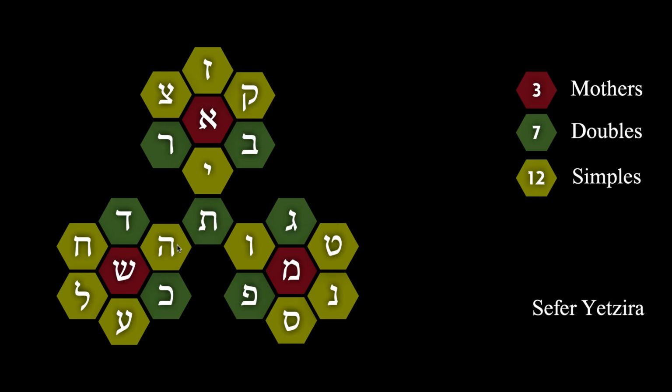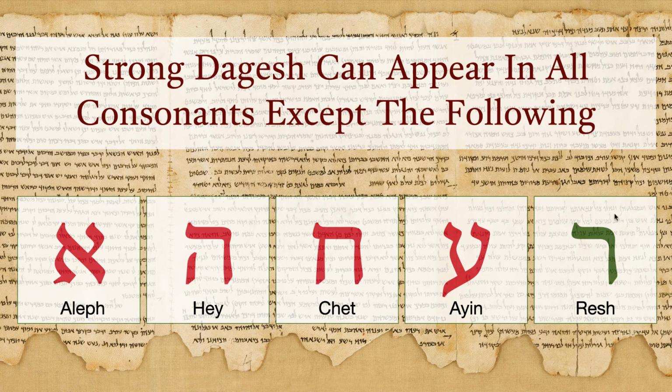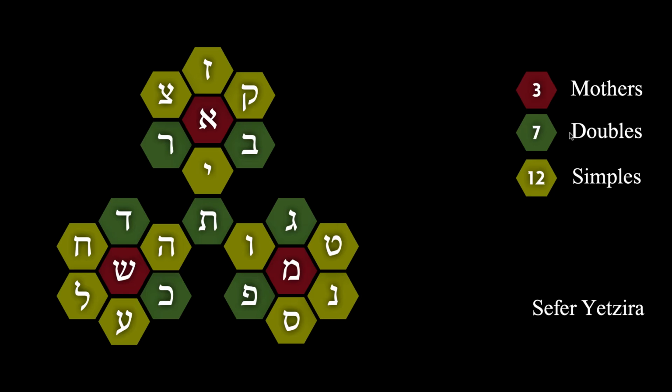Who knows? That would solve the issue of why Resh appears, and you could make the six Begad Kefat into seven. In any case, as far as grammar goes, and for this lesson's sake, please just follow Begad Kefat. What I'm suggesting is only a possibility.